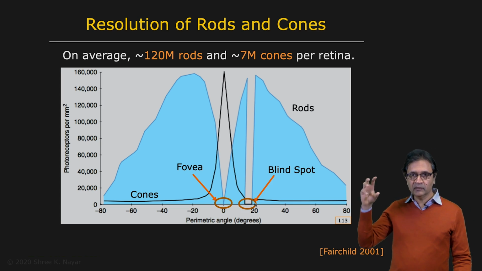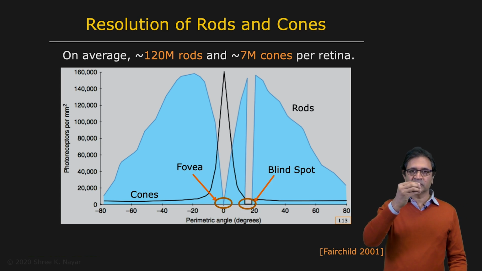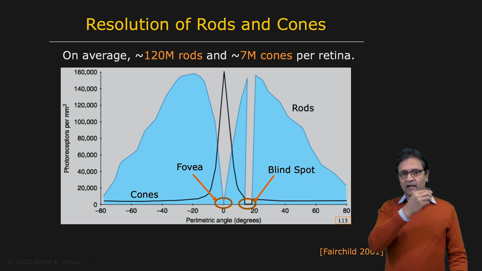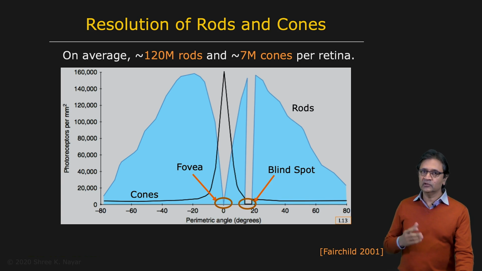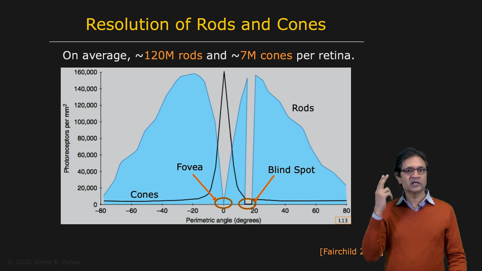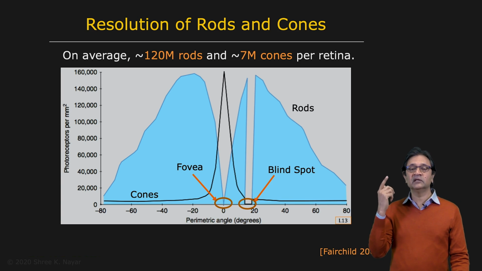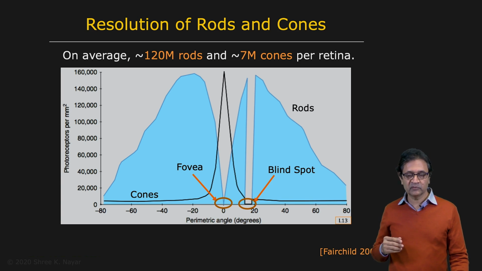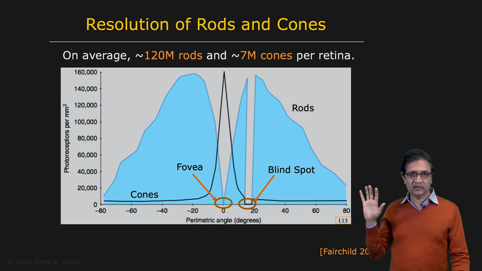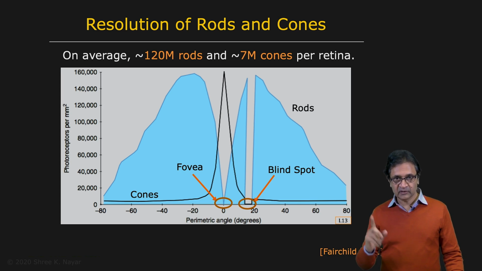That's where the image goes through the optic nerve back to the brain, and that's a place where you don't have any rods and cones in the eye. Now, you must be wondering, why is it that you're not seeing your blind spot all the time? It turns out that your brain is filling in visual information in that region. And so we believe we have an absolutely continuous image, but it actually has a hole in it, as we'll see shortly.